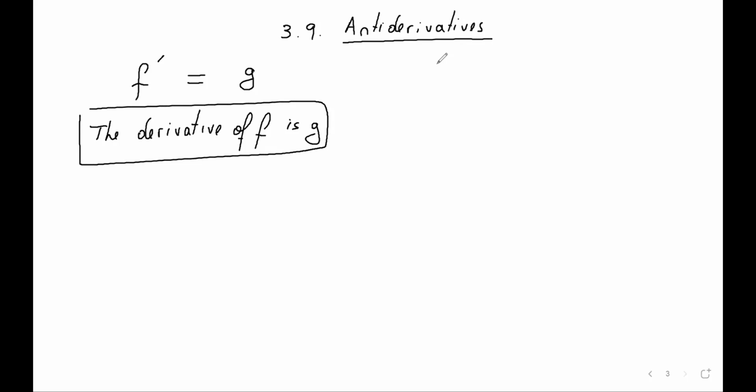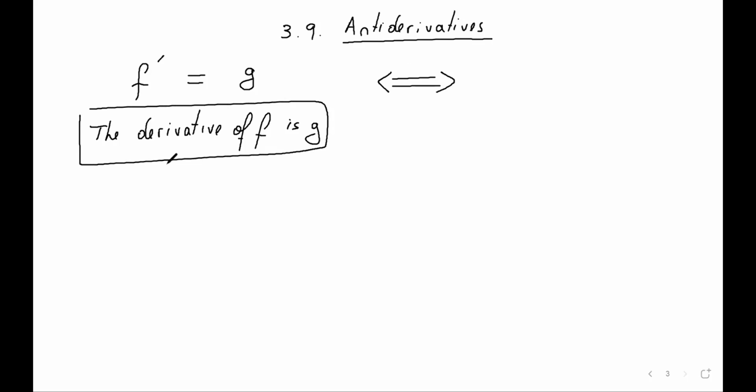But equivalently, we can say the exact same thing, and right now we're not going to use notation, although I could show you what notation is. Somehow this book wants us to keep the mystery around notation for antiderivatives, and maybe it's for a good reason. I'll explain what the reason is when we get there.